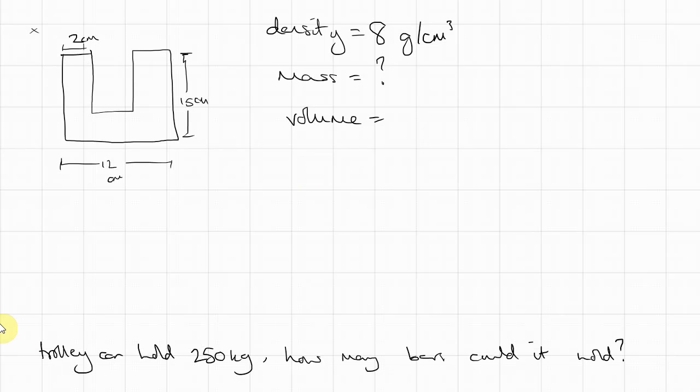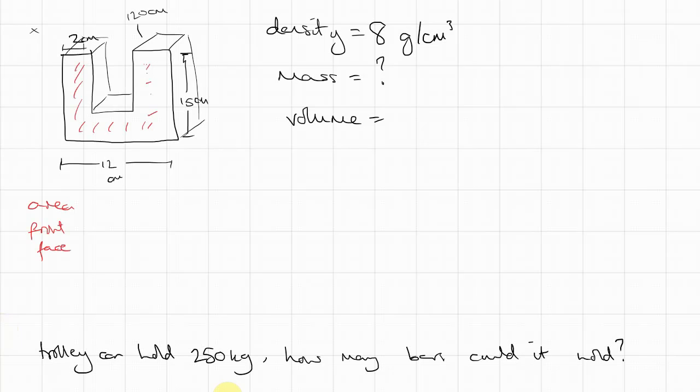It also said it had a length, so it was going to look a little bit like this. I gave a hint on the sheet that it was going to look something like this. It had a length of 120 centimeters. So I'm going to find the area of this front face first. Then I'm going to times it by 120 to find the volume.